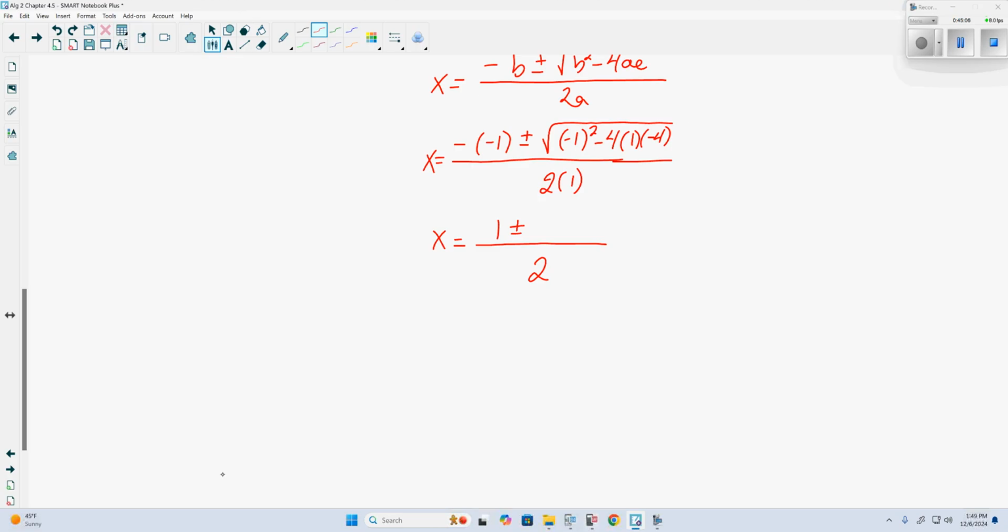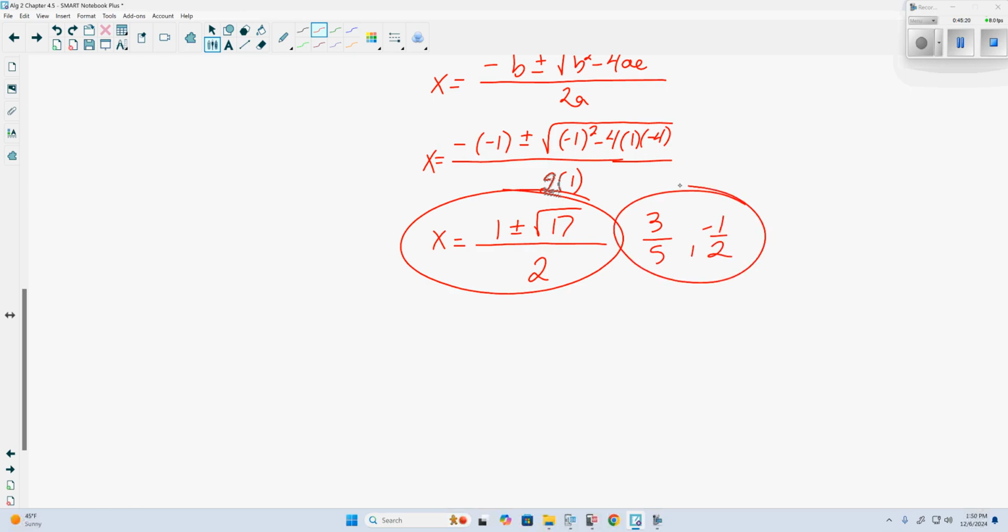So those are the other two, positive and negative square root of 17. So those two, 3/5 and negative 1/2. Those are our four solutions.